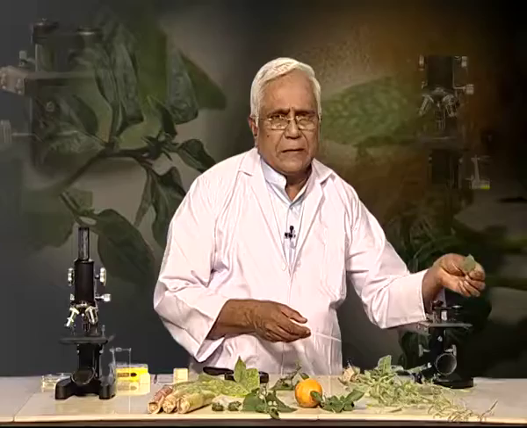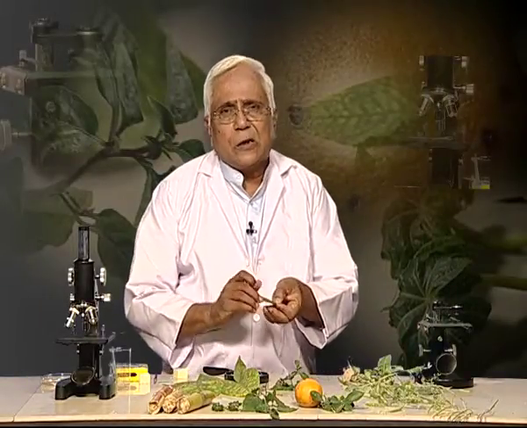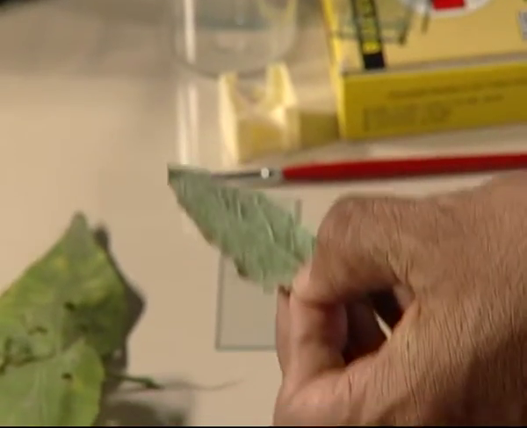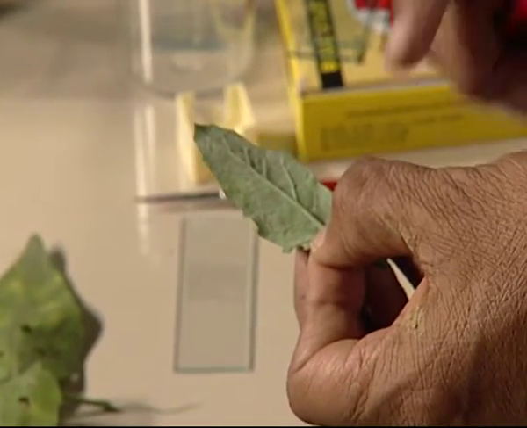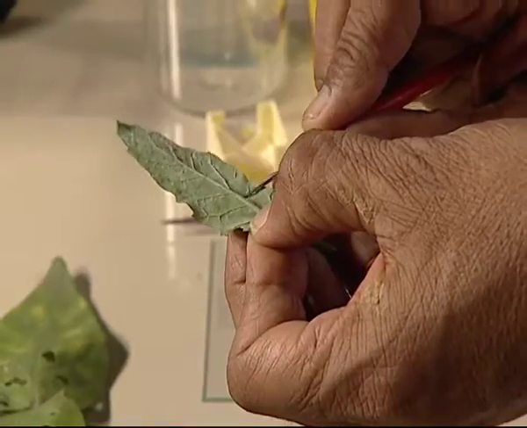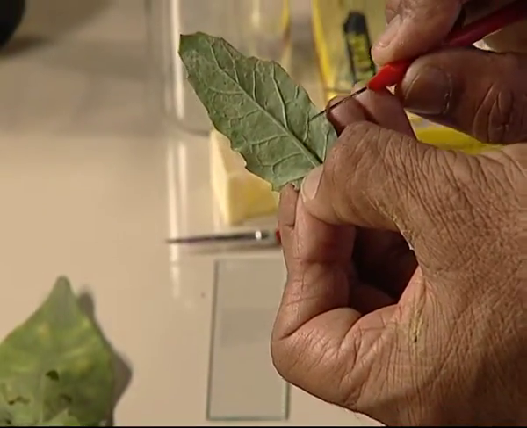Select the right spot where you can see the spores or the hypha. With the help of a needle or a blade or a scalpel, scrape off the infected area where the symptoms are clearly visible.